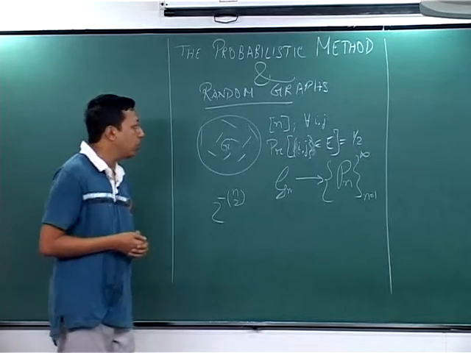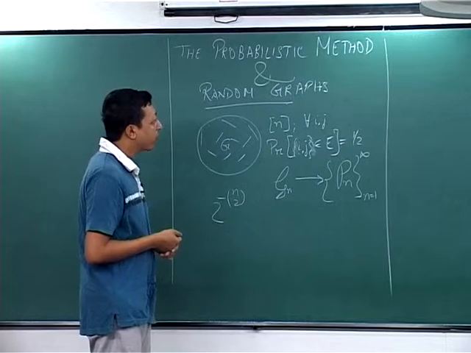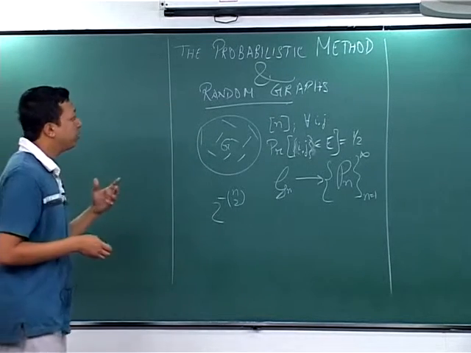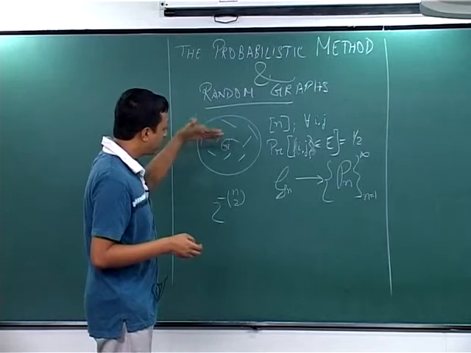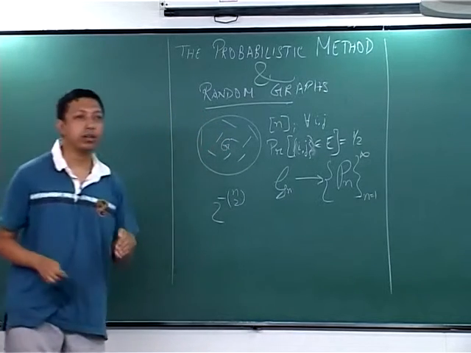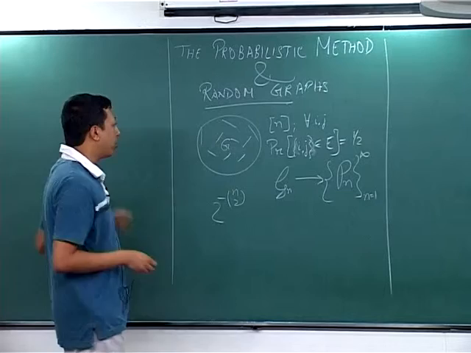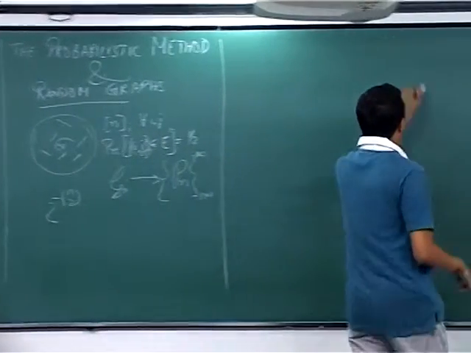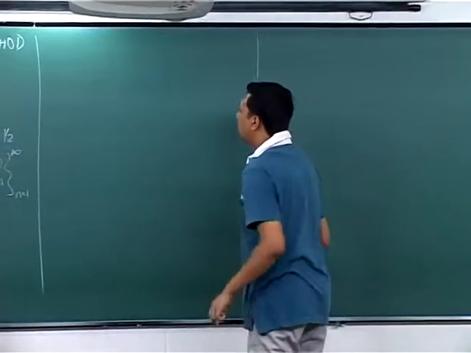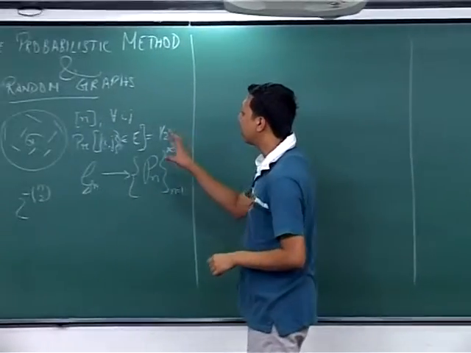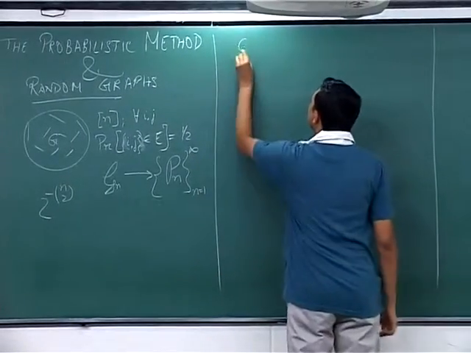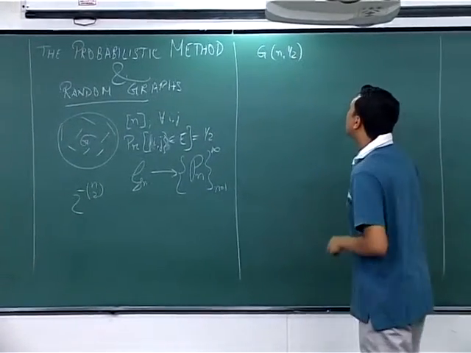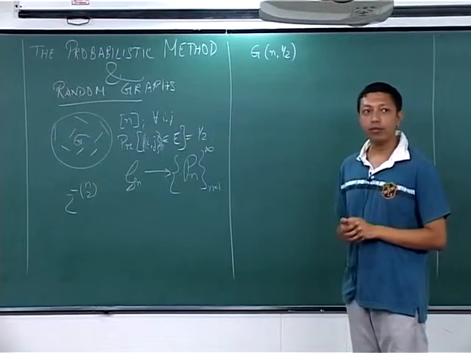Okay, so if you recollect and make the connection between what we did yesterday and what I'm talking about right now, you will see that the random graph G(n, 1/2) is what we talked about yesterday, right?